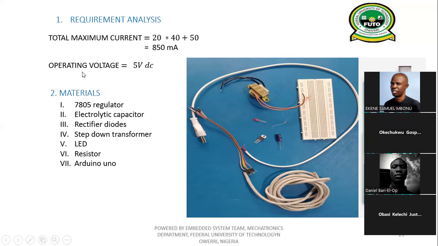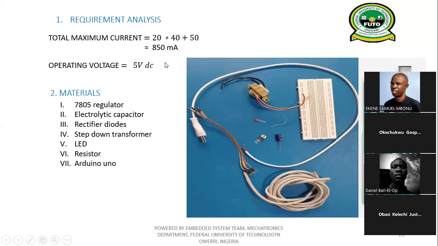So if we are going to design a power supply, that power supply should be able to supply at least 850 milliamp. And the operating voltage of Arduino Uno, as you all know, is 5 volts DC. Having done that, we are designing a power supply of 5 volts that is able to supply 850 milliamp. Are we on the same page at this level?